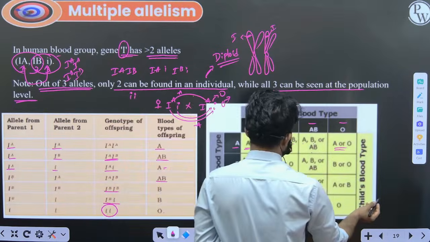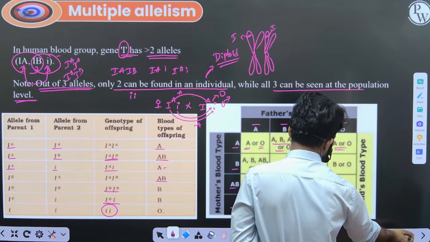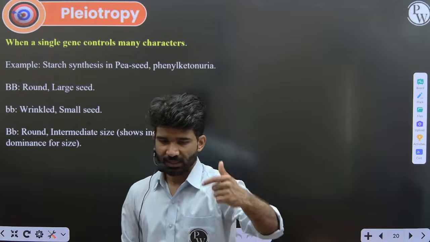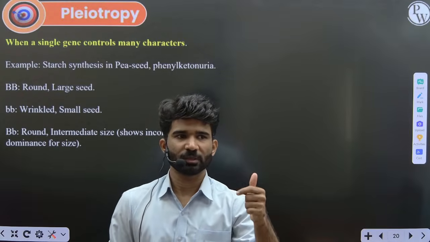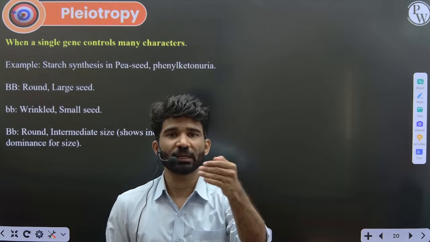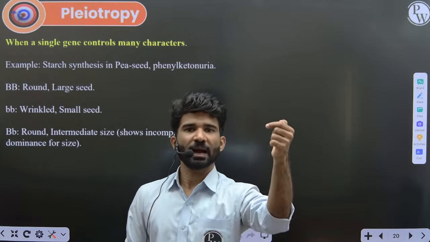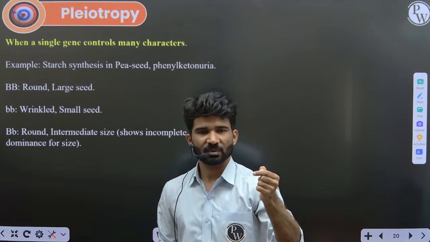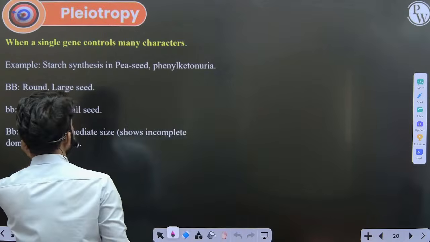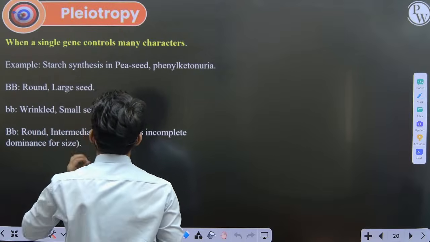So this is all about multiple allelism. An example for multiple allelism: in the human blood group, which is controlled by the gene I, there are three different alleles, more than two alleles. What are those alleles? IA, IB, and i. Those are the alleles that are responsible for multiple allelism.